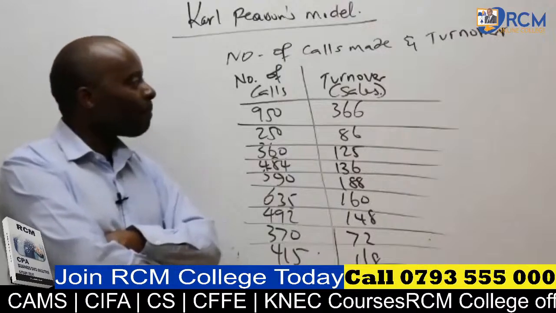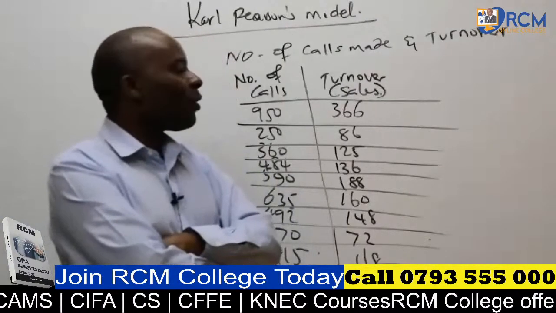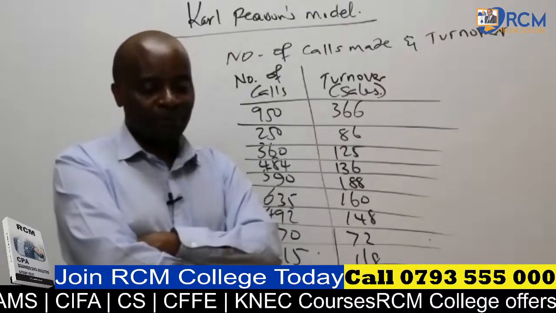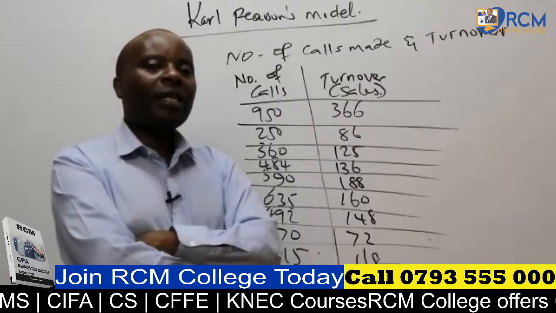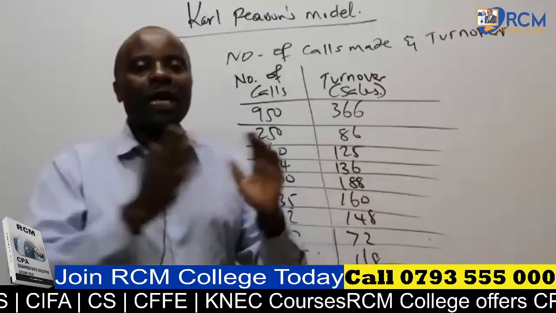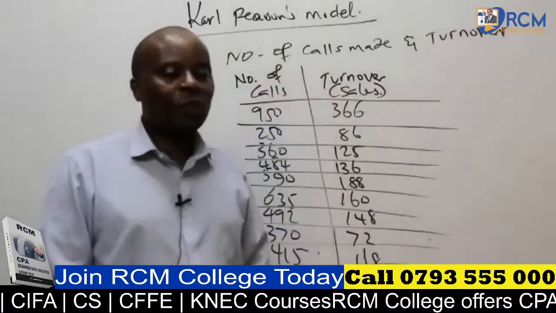So, ladies and gentlemen, if you ask those students why they're giving, for example, number of calls to be x, most of them will not have an answer. Most of them will tell you that it is because number of calls happens to be the first column, and as per the chronological order, the first one should be x, the second one should be y.